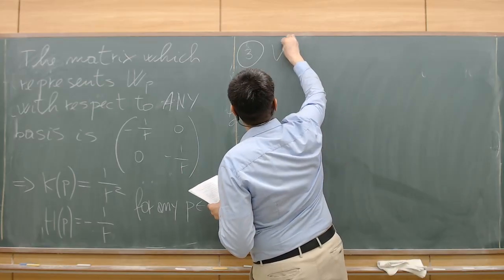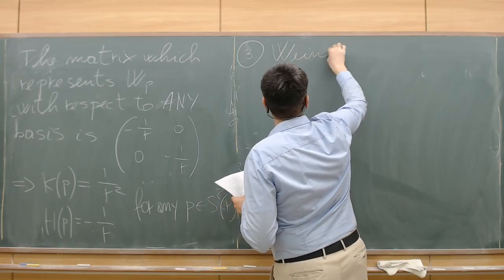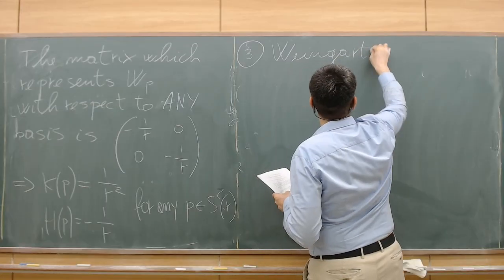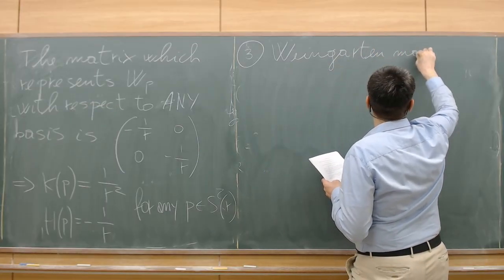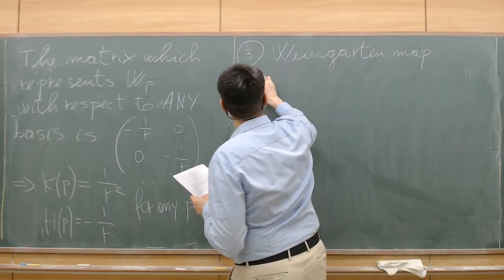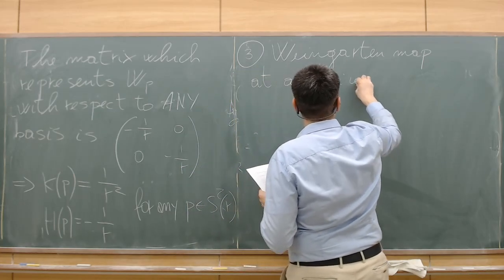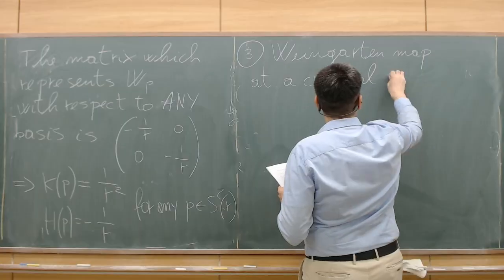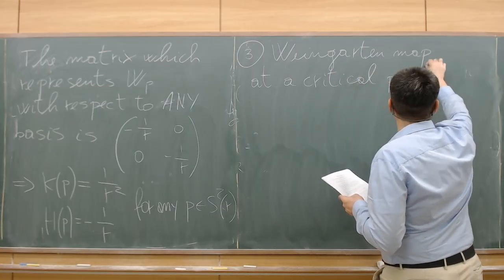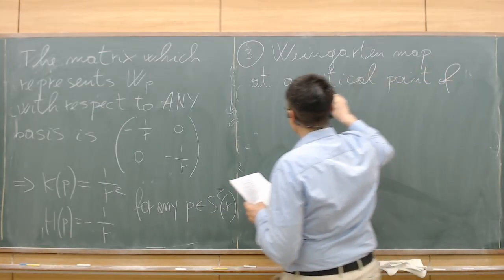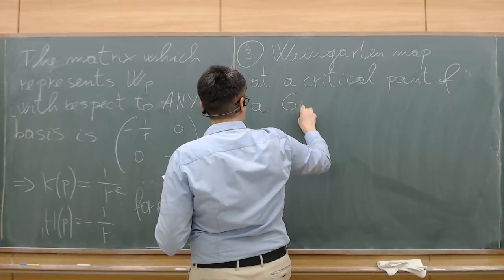So let's write Weingarten map at a critical point of a graph.